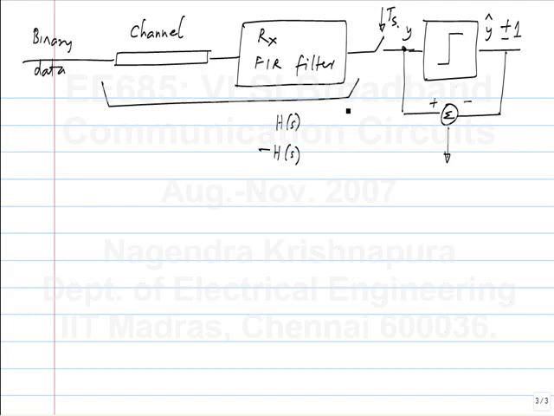Then all bits will be flipped, but that's not really an issue. I mean a bit rate of 1 is the same as bit rate of 0, right? If all bits are inverted, that means that I somehow missed the sign somewhere, so I can always put it back. So that is usually not a problem.